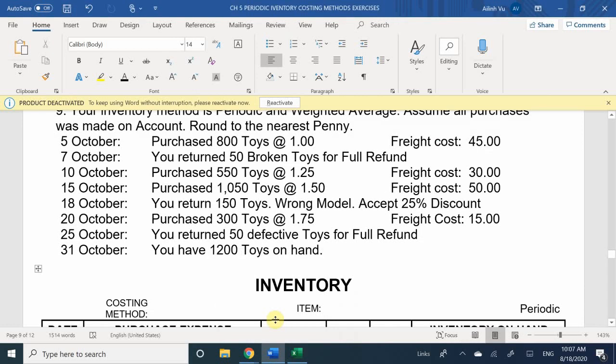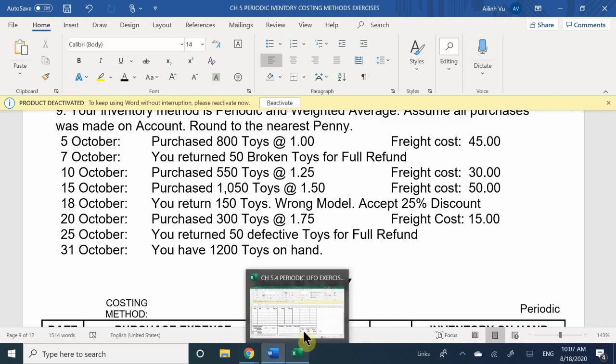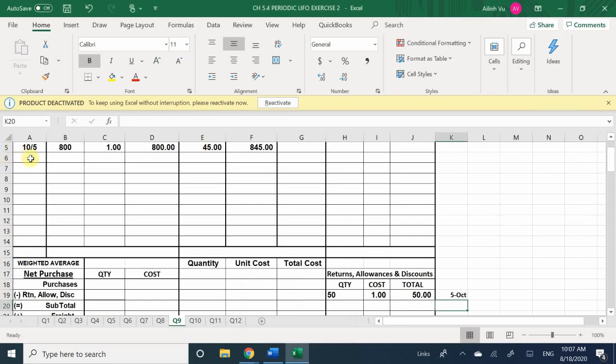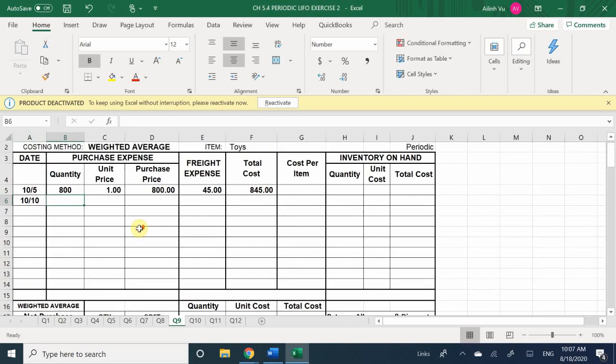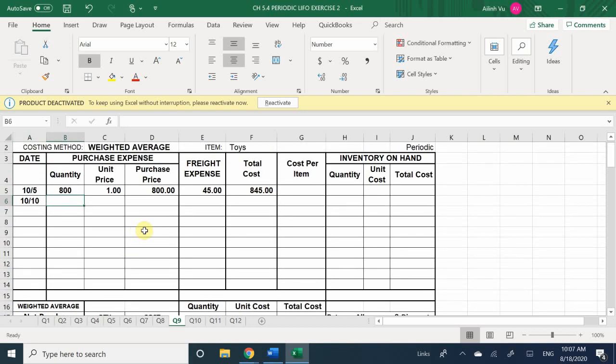What happened next on October 10? I purchased 550 toys at $1.25. Is this big enough for you guys to see?